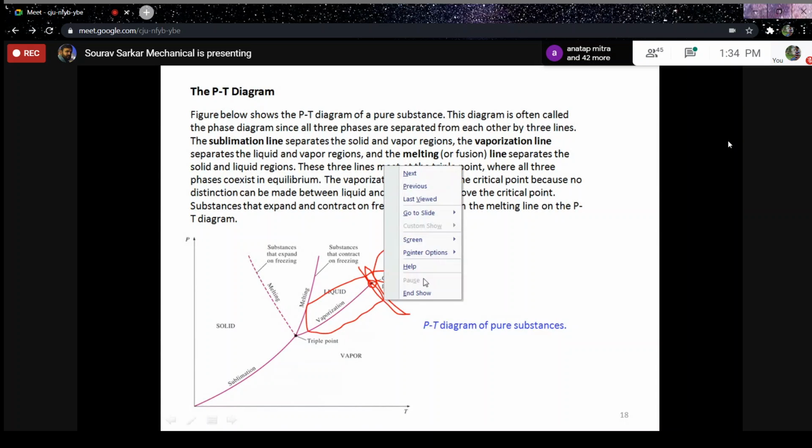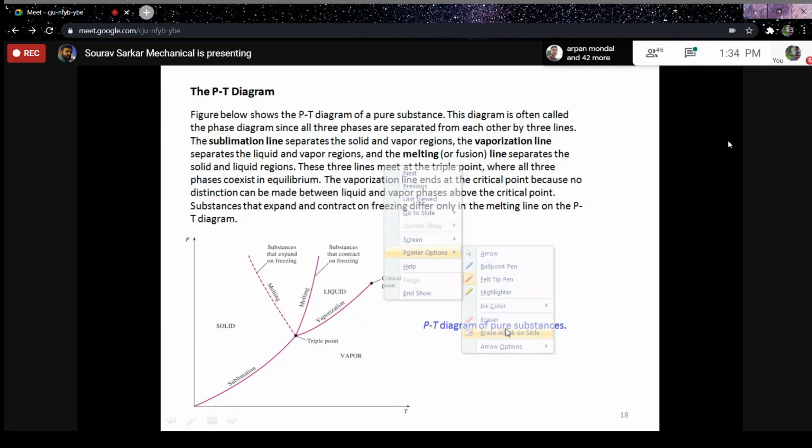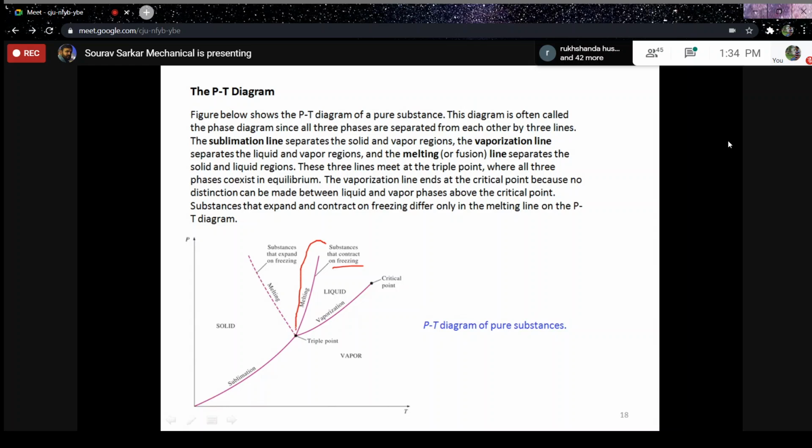Now let's try to understand this line. This is for the substances that contract on freezing. This is for metal-like objects such as iron. As you increase the pressure, what happens to your melting point?